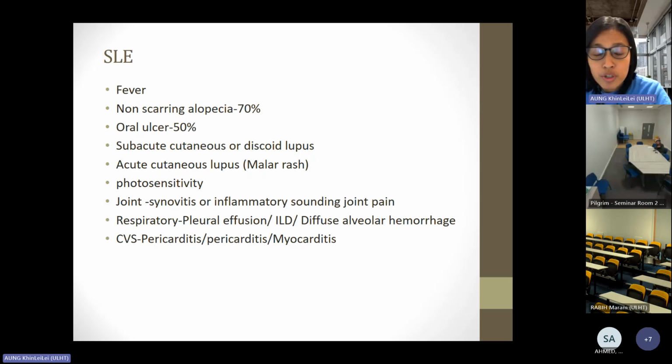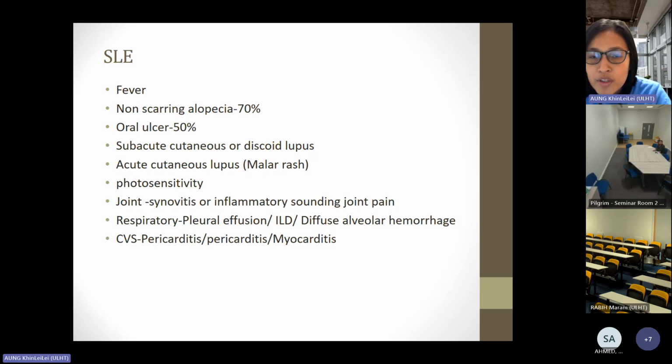Subacute cutaneous or discoid lupus, I will show you the photos after this slide. The very common malar rash is categorized as acute cutaneous lupus. They can present with photosensitivity; the rashes are more prominent under the sun.